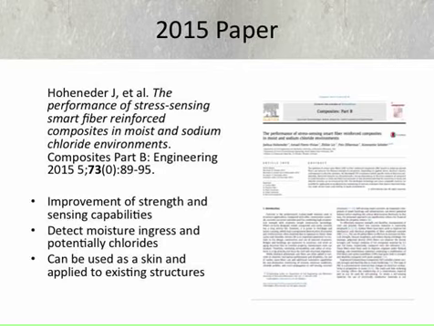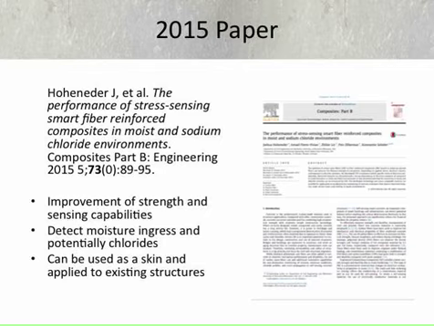In this paper from 2015, the authors set about to develop a material that had improved flexural strength and self-sensing capabilities. What they did was to add carbon nanofibers to fiber-reinforced composites using a superplasticizer and some ultrasonics, and they created a material that could perform well in moist and sodium chloride environments, such as those found at power stations.